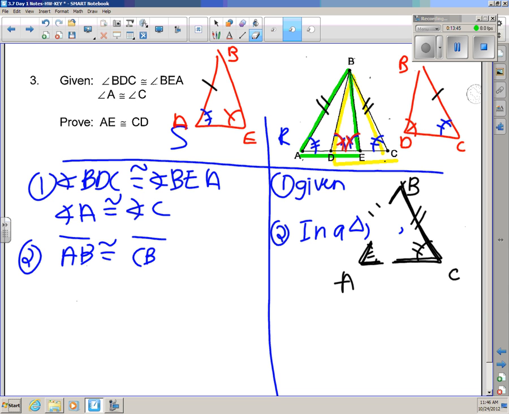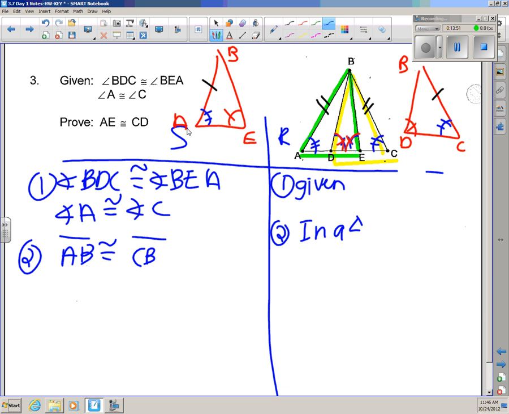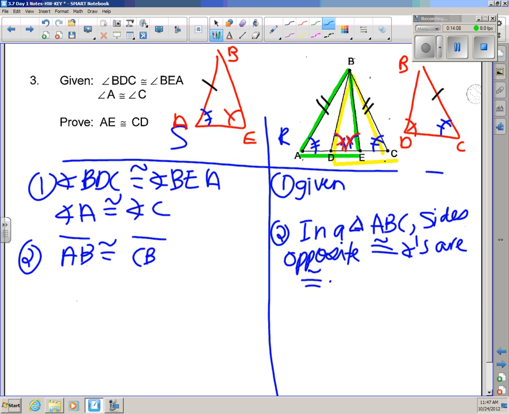In a triangle, might as well erase this thing. And what we'll do here also is the triangle that we're referring to is this big triangle ABC. So in triangle ABC, sides opposite congruent angles are congruent. So there we have that.